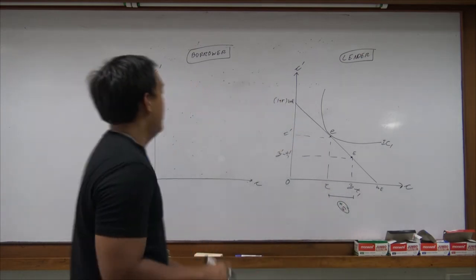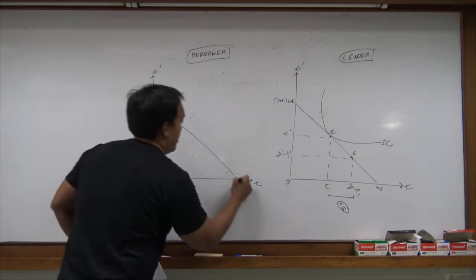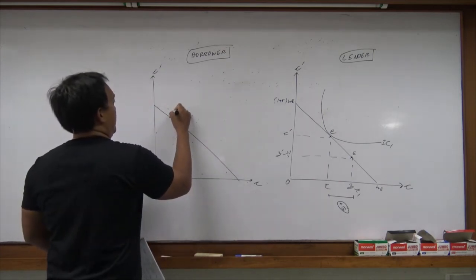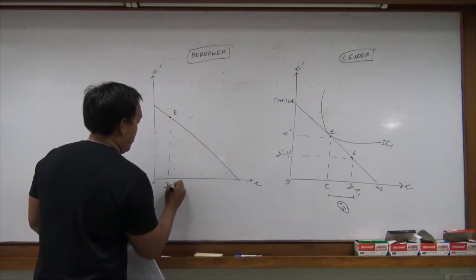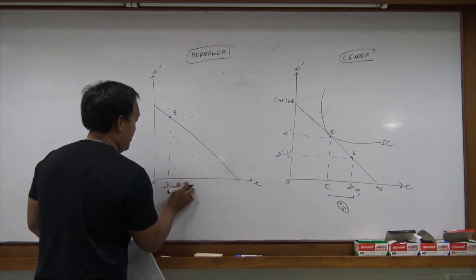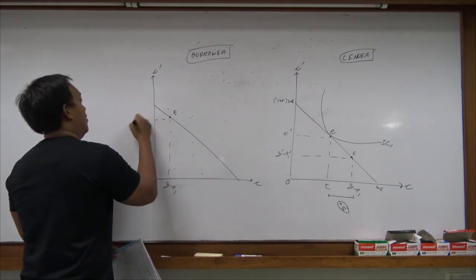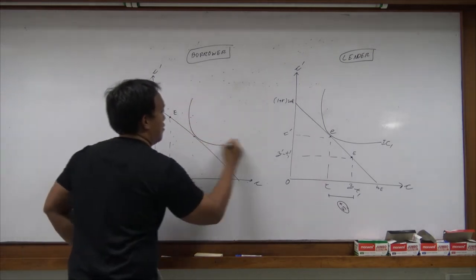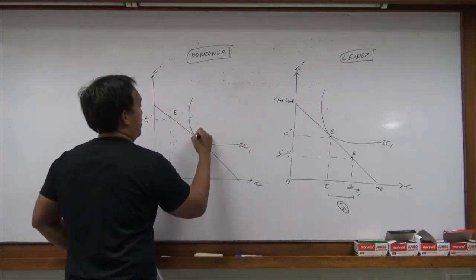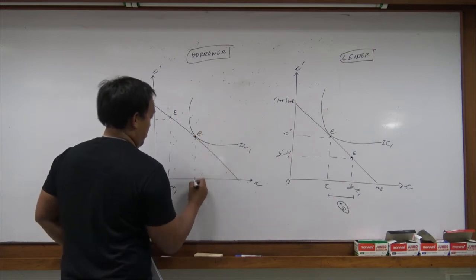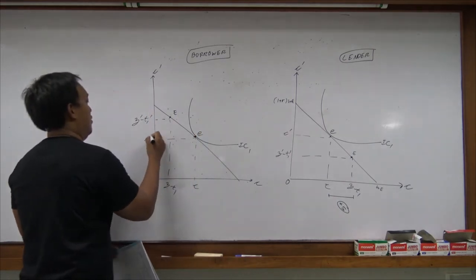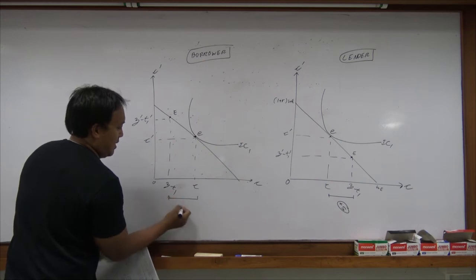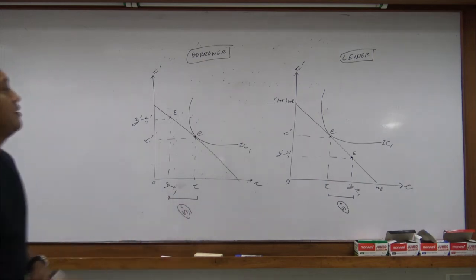Then here equilibrium point, y minus T1, y prime minus T1 prime. This is the money you borrow.